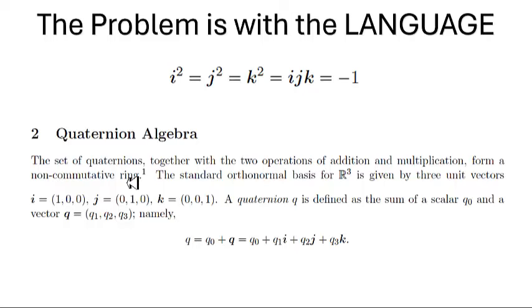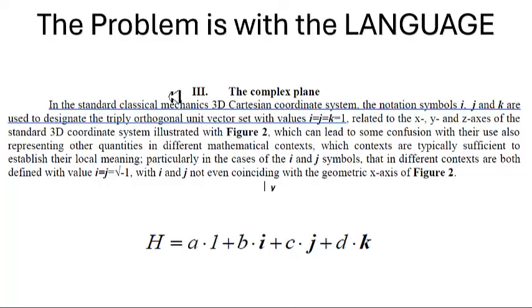But the problem I have with this is that we have the same problem where he's using i, j, and k to define these 3 unit vectors, which is correct compared to this. The i equals j equals k equals 1 is not the correct way of expressing the orthogonal unit vectors.